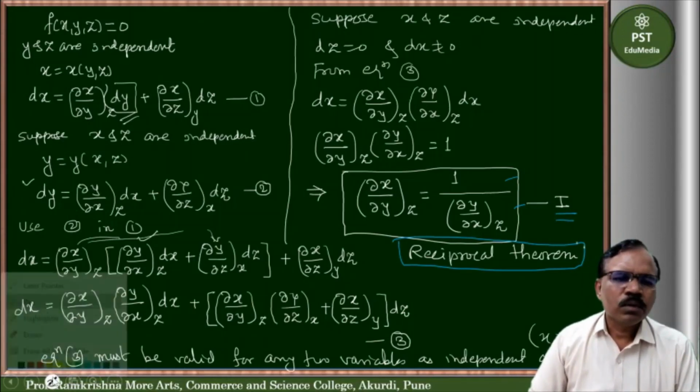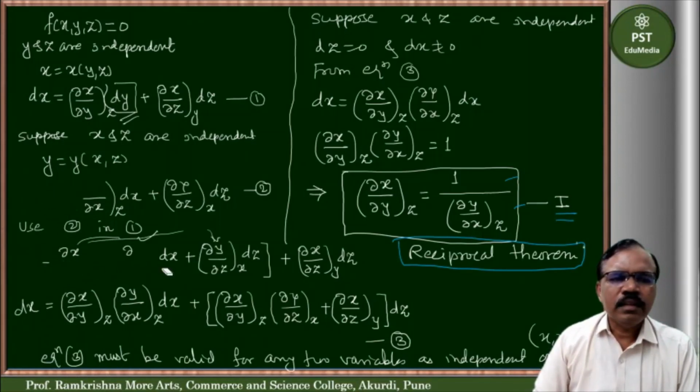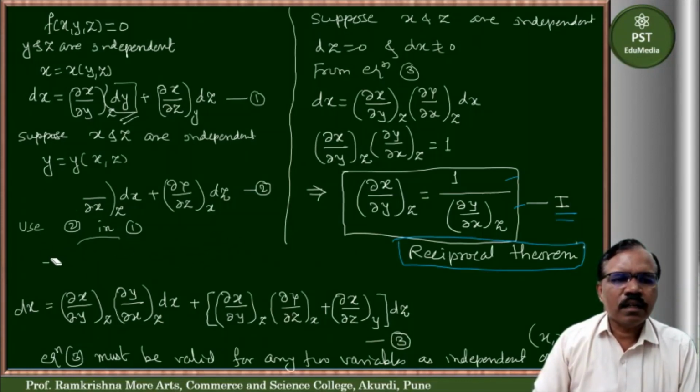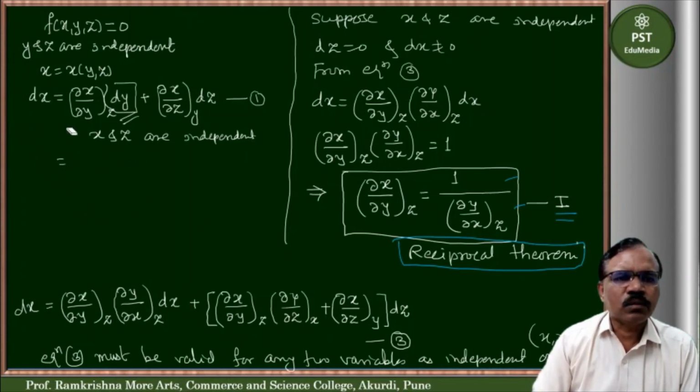Now suppose here in equation 3, we take dx is 0 and dz is non-zero.